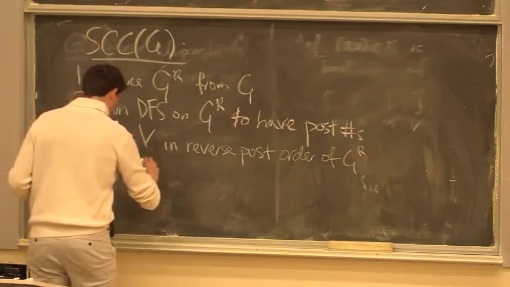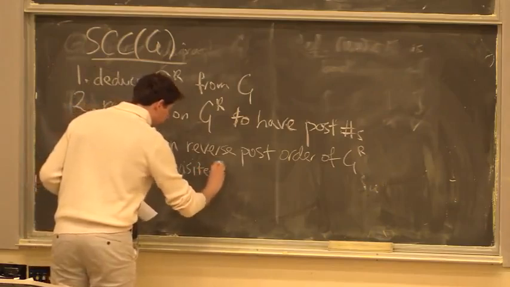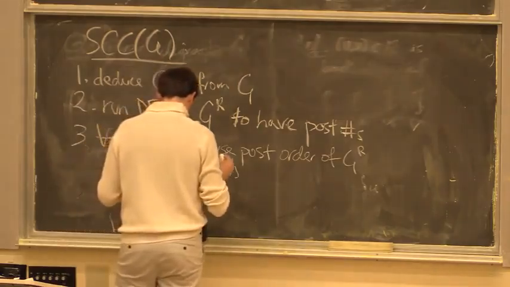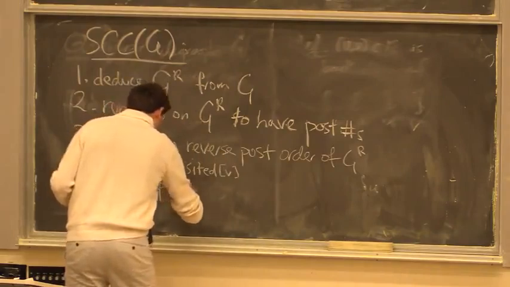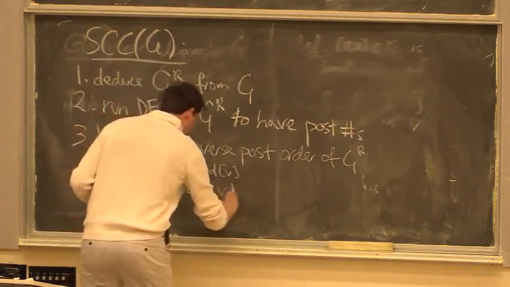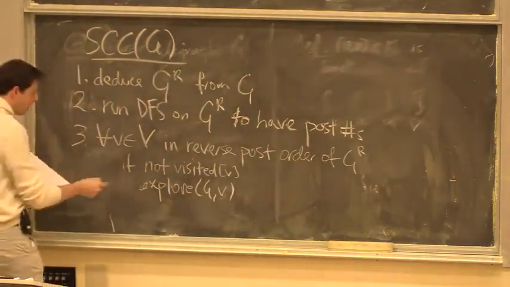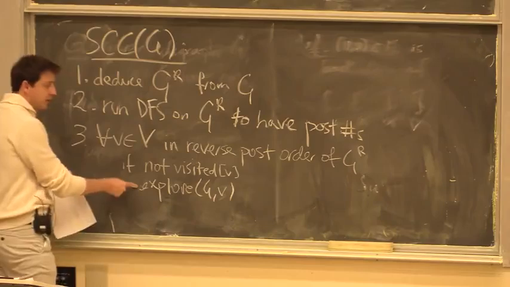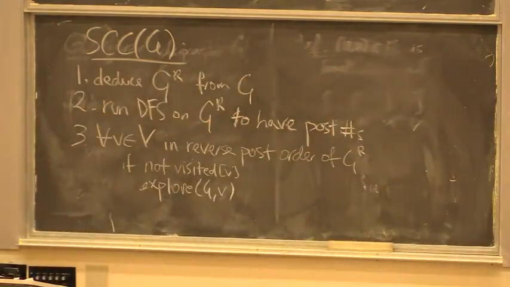If we have not visited V, then we're going to explore V, okay? And then, once we're done exploring it, remember that here we're thinking as if we are somewhere in a sink here, right?